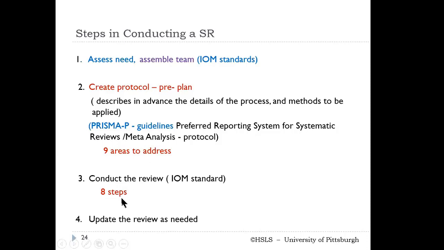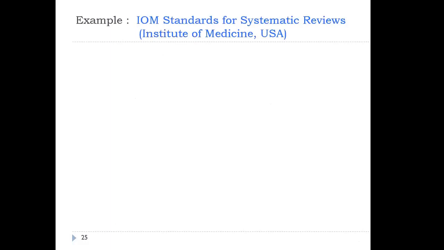And the last phase is update the review as needed. After doing a systematic review, after some time, it is recommended that it has to be updated. We will be talking about those later, right? So this is just an overview of the steps.